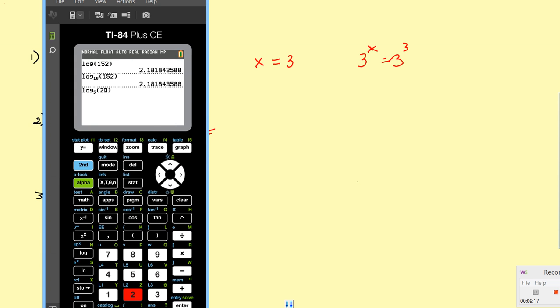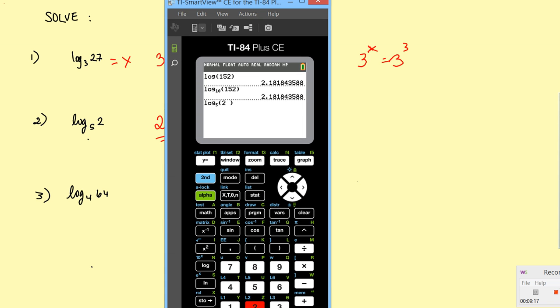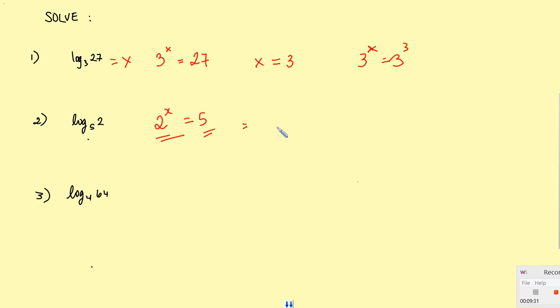I believe that's what the question was. Yep. And that gives us 0.4306, or simply 0.43.